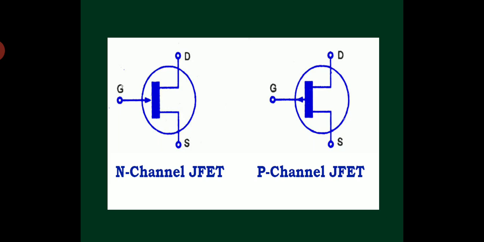If the channel between the source and drain is N-type material, then it is called N-channel JFET. And if the channel between source and drain is P-type, then it is called P-channel JFET.